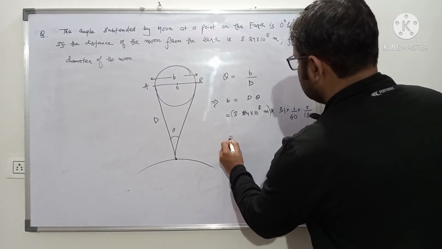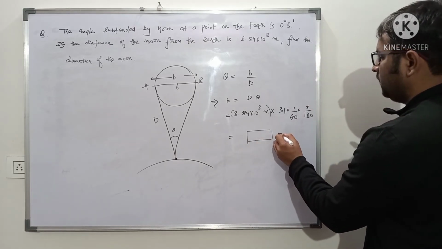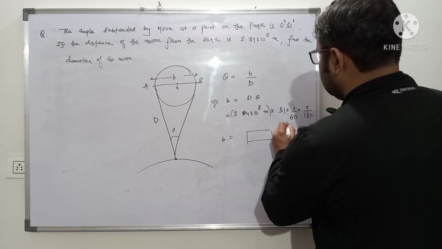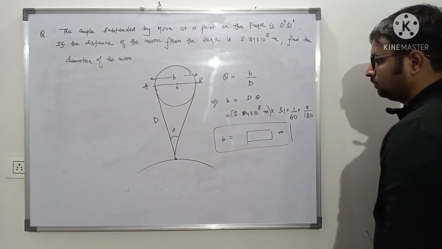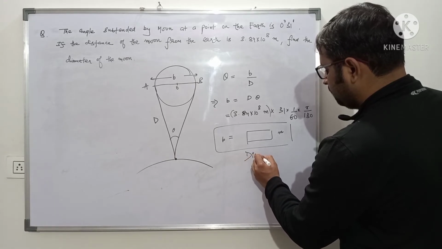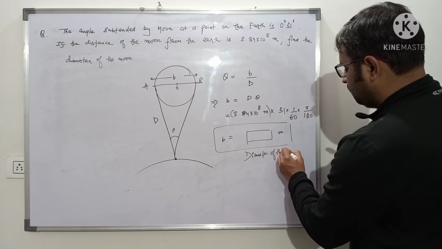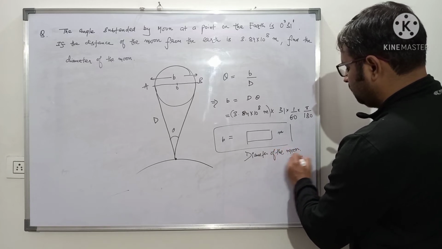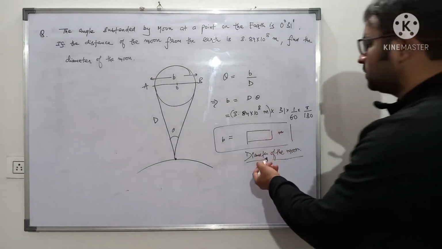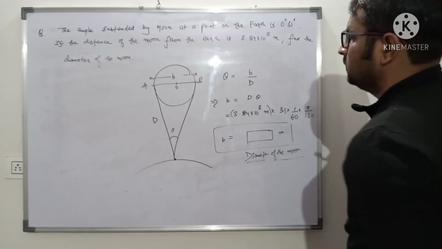So by calculating this, we will get the value of b in meter, and that b will be the diameter of the moon. This is simple, the calculation can be done and you can find the value. So the concept is this.